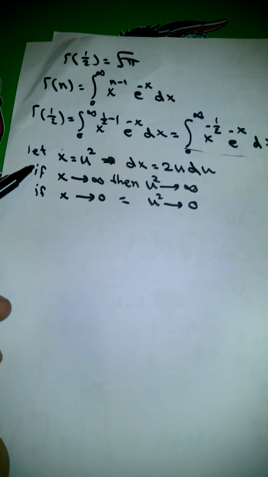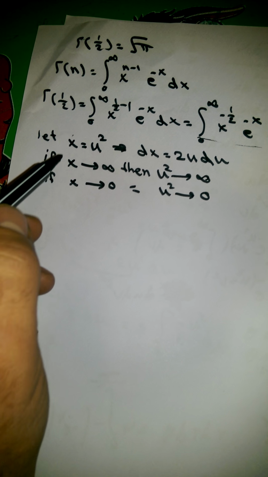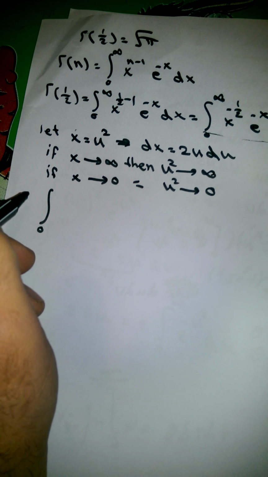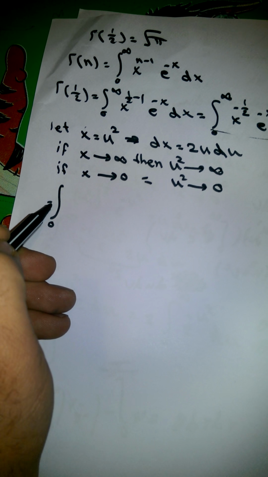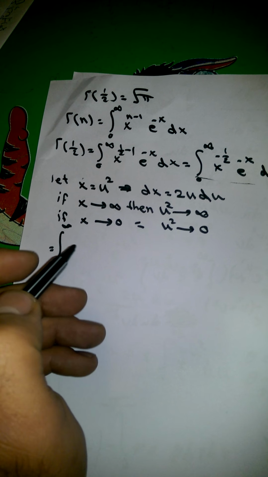Now we rewrite this integral and we substitute these values from the letting part. The integral from 0 to infinity. Instead of x we have u square.